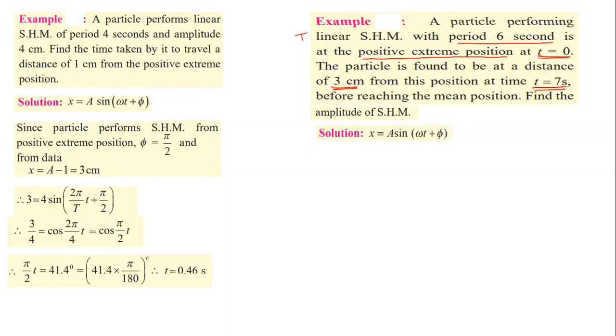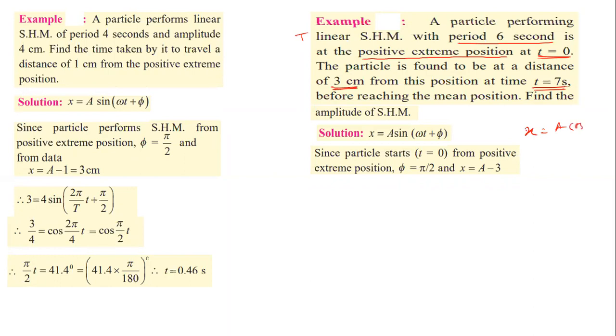Now here again the formula is the same. At time 0 the particle is at extreme, so phi is pi by 2. Or you can directly write x is equal to a cos omega t also. So the displacement: it is 3 centimeter from extreme, and the amplitude is not given, so x is equal to a minus 3.